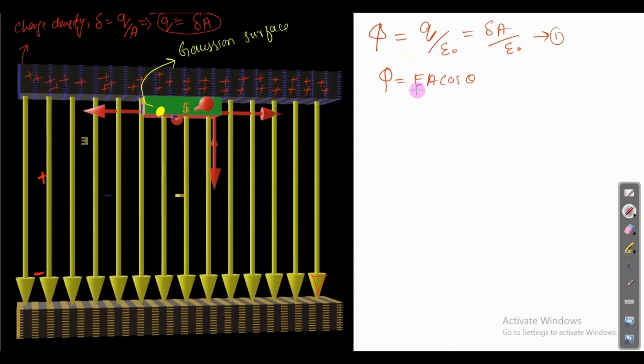So phi is equal to EA cos theta. Here in this case, the electric field lines come from these positive charges, these positive plates, toward the negative plate, and this is the area.